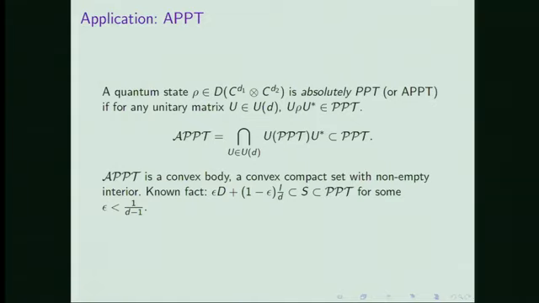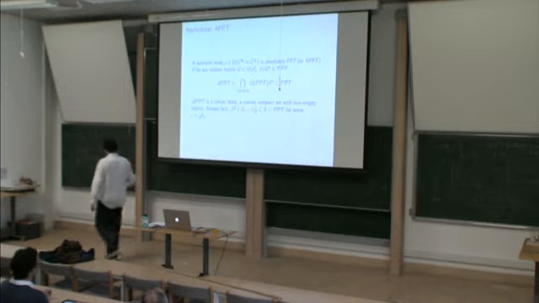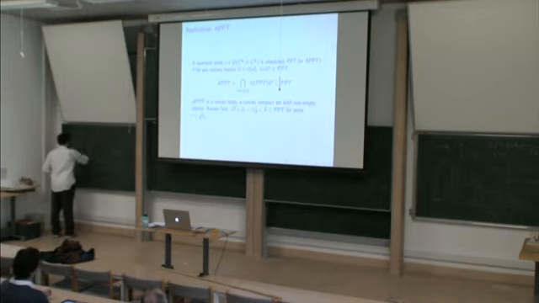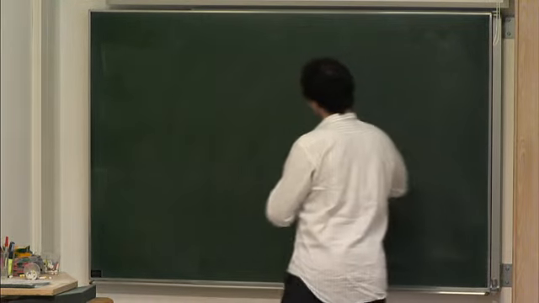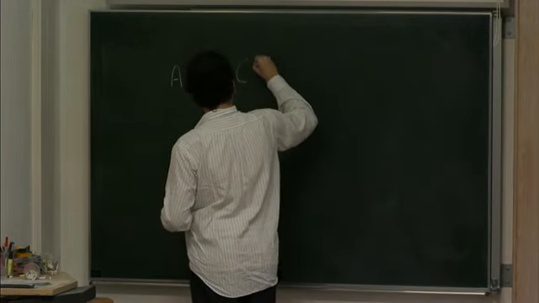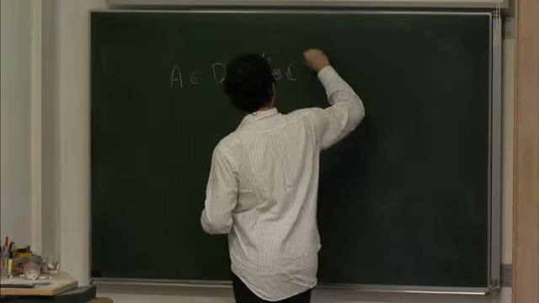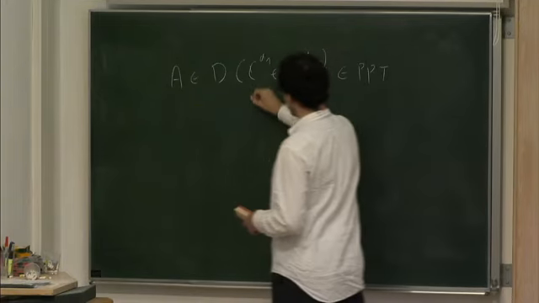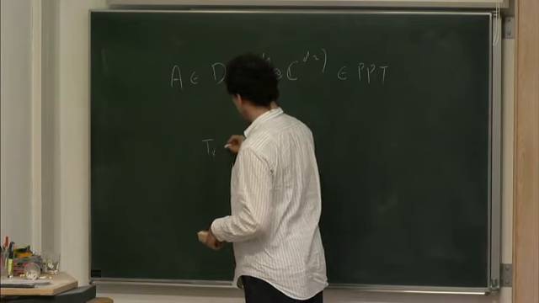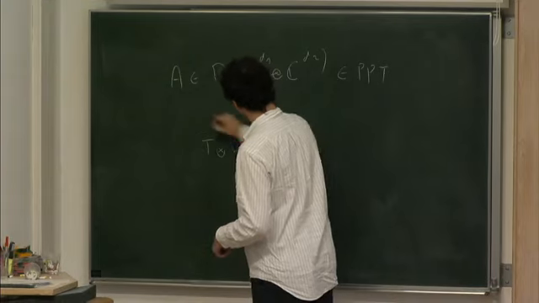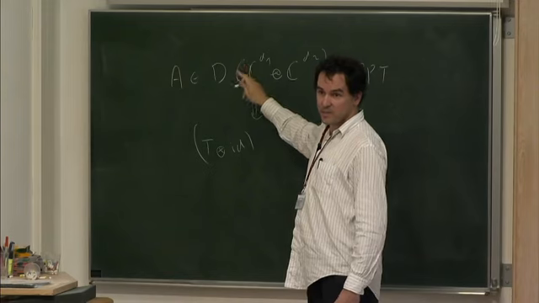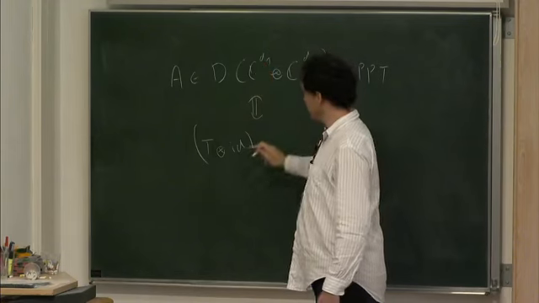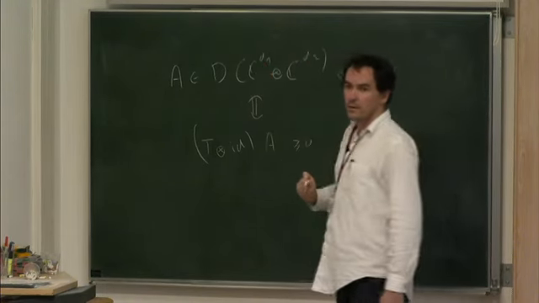So, clearly, APPT. PPT means positive partial transpose. So A belonging to D of C^D1 tensor C^D2 belongs to PPT means that if I just take the transpose on the first factor, this is a subset of M_D1 times M_D2, and the transpose times identity of A is a positive matrix.